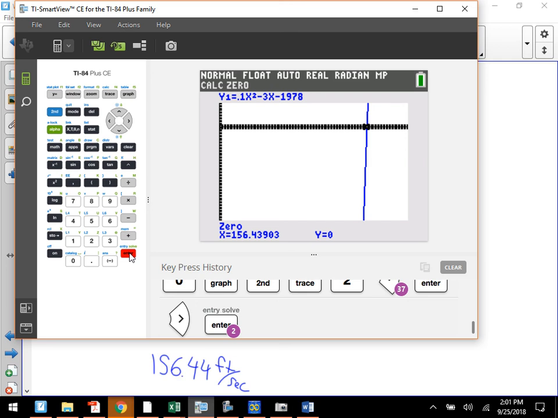But in this one here, they're talking about the formula for money, where t is time.